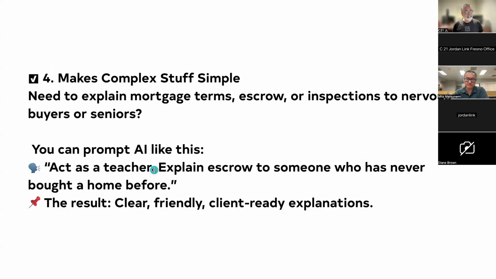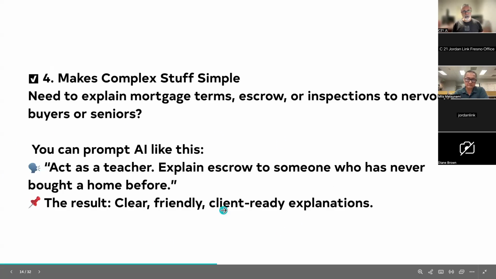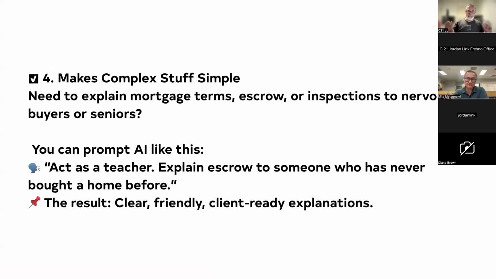You could say act as a fifth grade teacher if you wanted the content to be in simpler terms. So if the verbiage that comes out when you put in that prompt is a little bit above you, and you think, you know what, I'm probably going to lose my customers, rephrase it this way: can you rephrase that as a sixth grade teacher and see if it gives you the content that you want in plain, simple English.